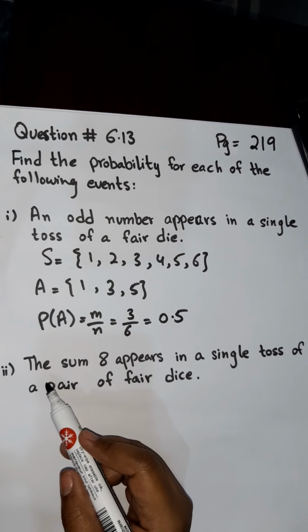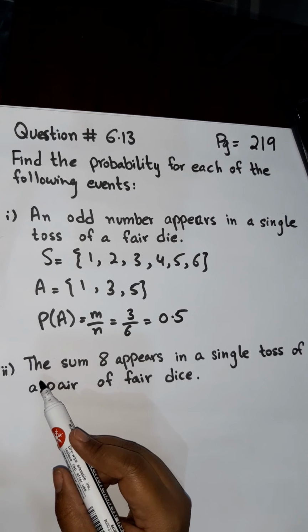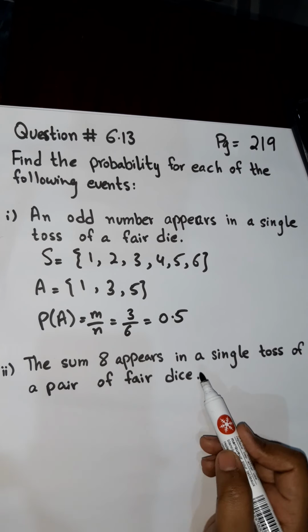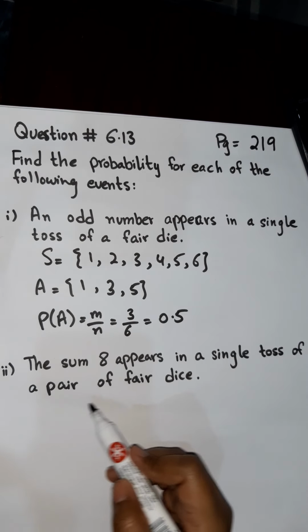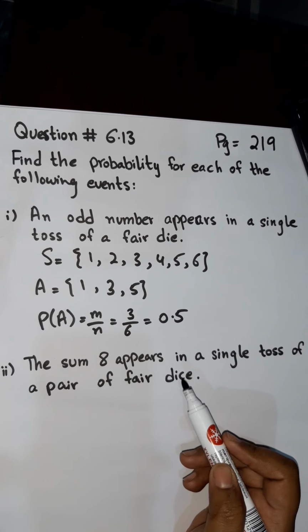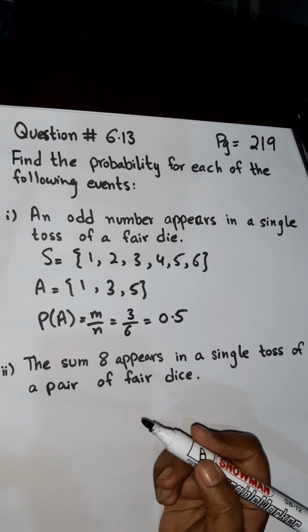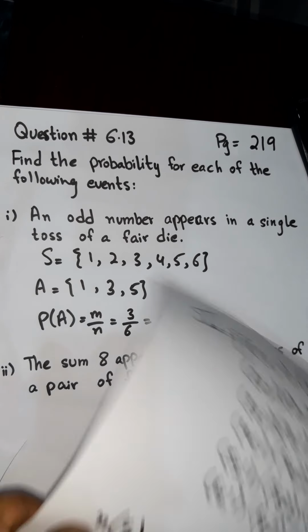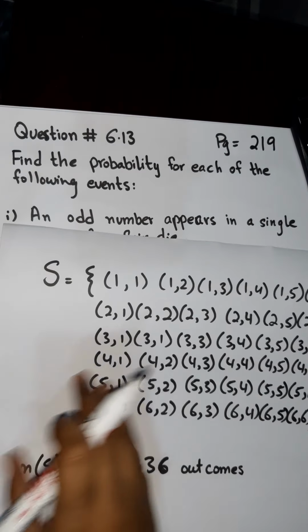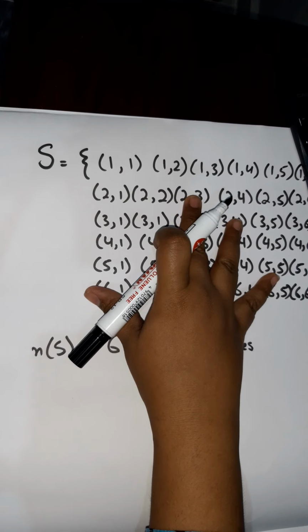Now the second part says, the sum 8 appears in a single toss of a pair of fair dice. Here is a pair of fair dice, meaning there are 2 dice, and I have also discussed this in the previous lecture.